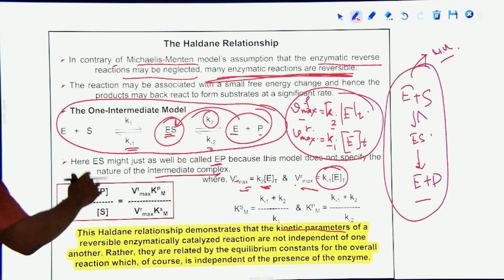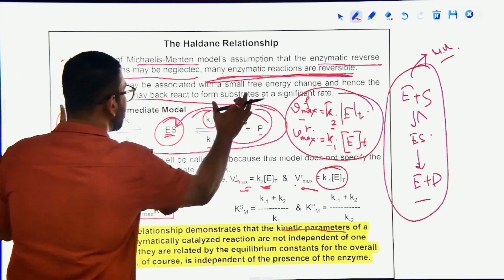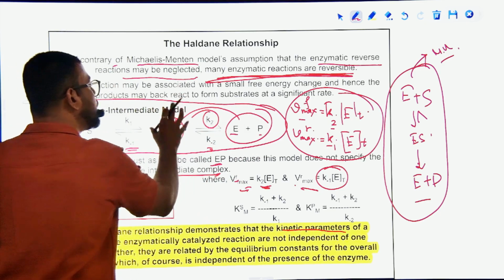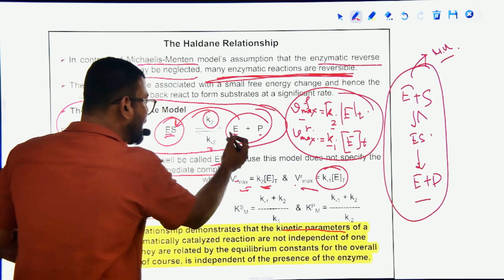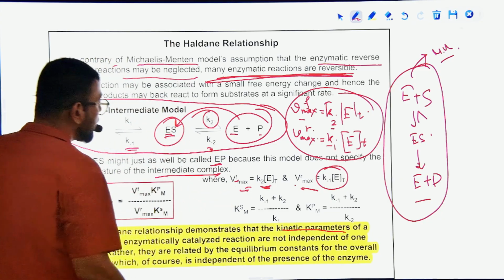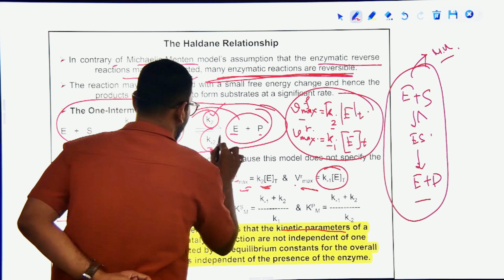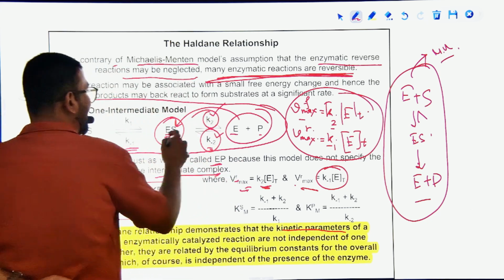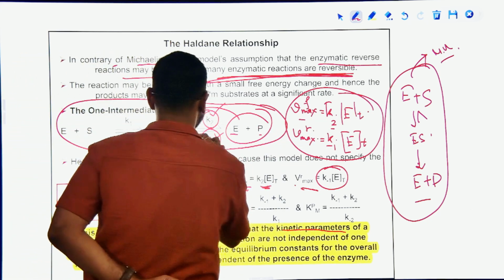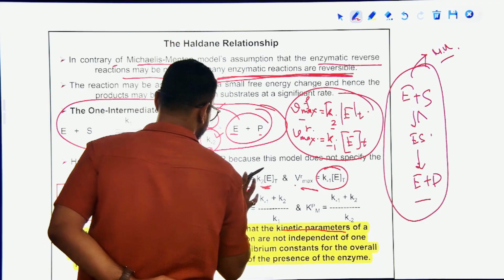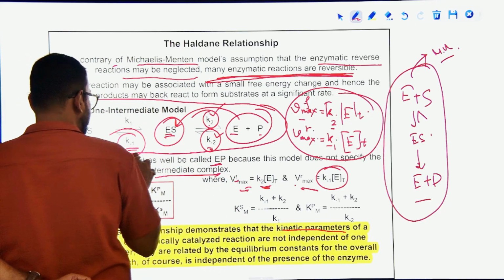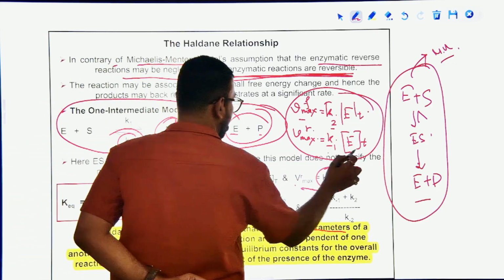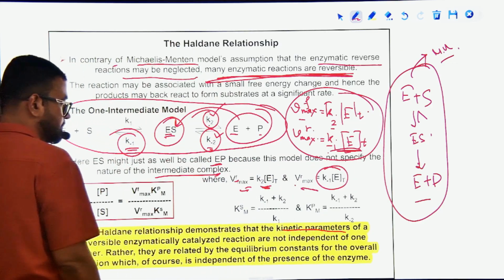I'm repeating myself: for Haldane, E plus P can be reconverted into ES. That is what they are stating. So for ES getting converted into E plus P, we have K2 on one hand and K minus 2 on the other. So Vmax forward is K2 into ET, the total enzyme concentration. And for reverse, it is K minus 1 into total enzyme concentration.